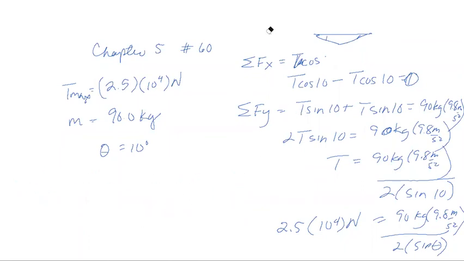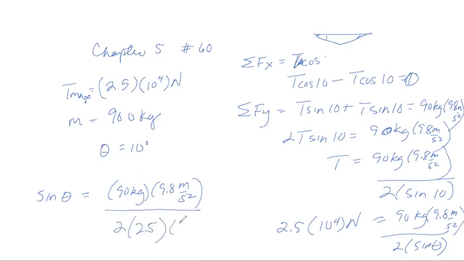So sine theta equals 90 kg times 9.8 meters per second squared over 2 times 2.5 times 10 to the 4th newtons.